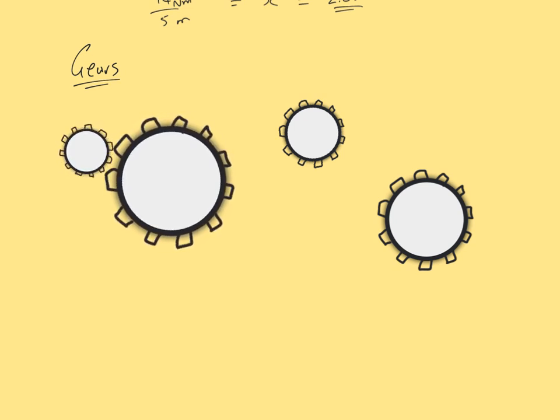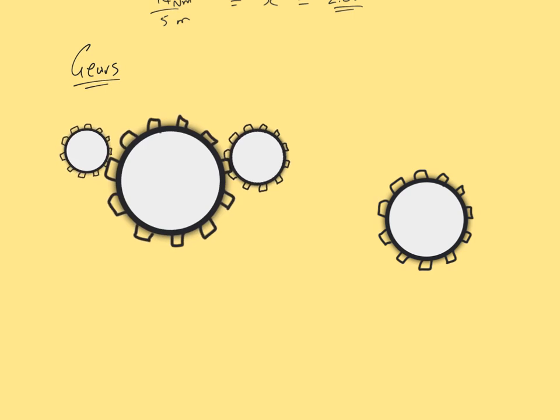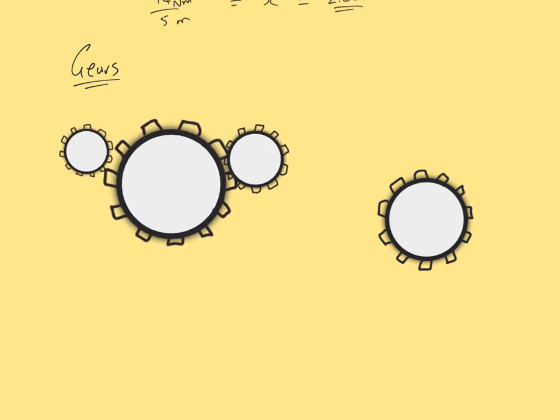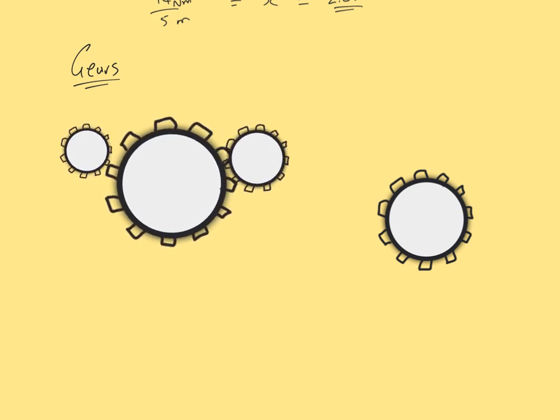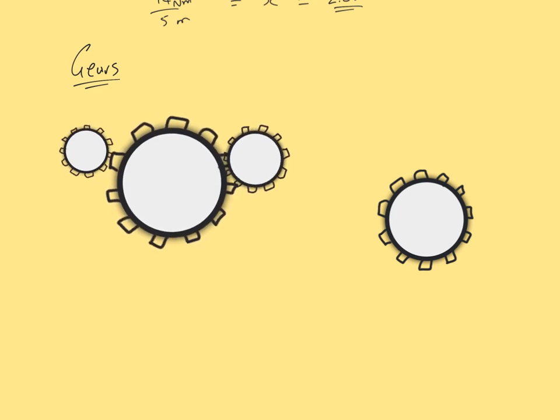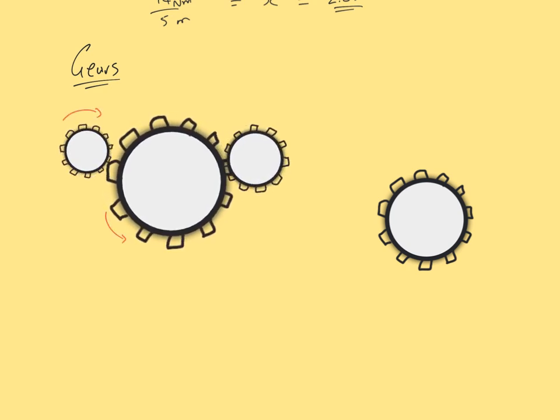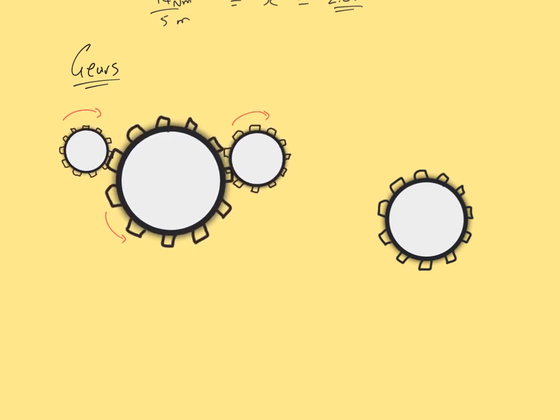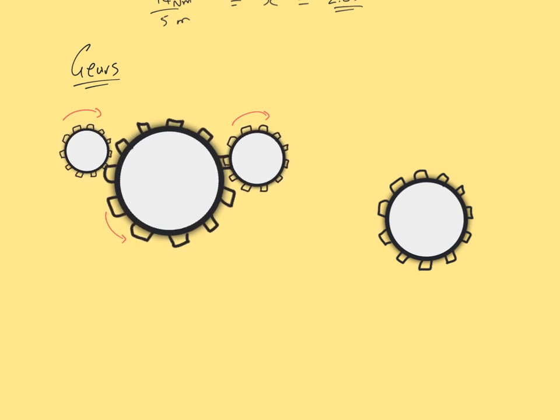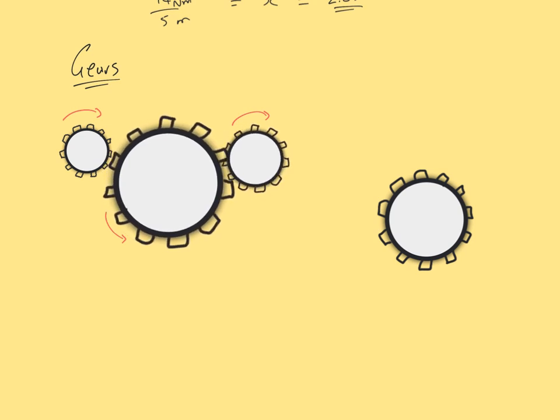So I can move the next gear up against this one, and as you can see, that one is now turning clockwise. So the easy thing to do here is you just draw yourself little arrows over the gears to show yourself what's going on. Also notice that the smaller gear here is now turning more quickly than the gear before it, because that was a larger gear.